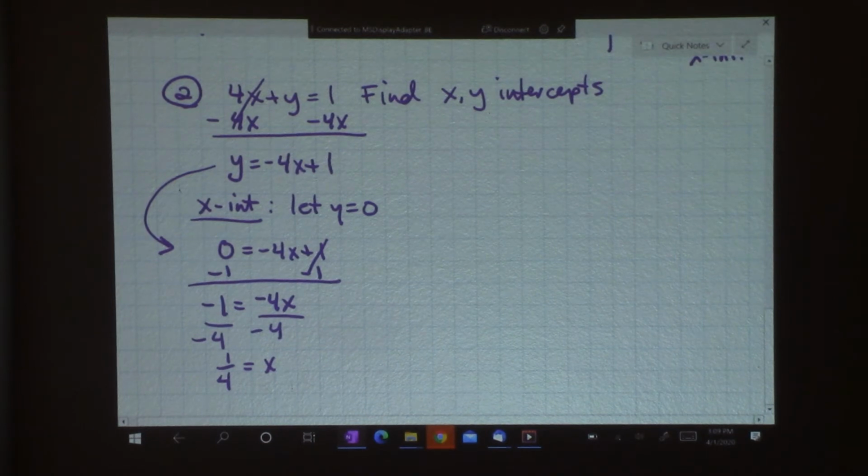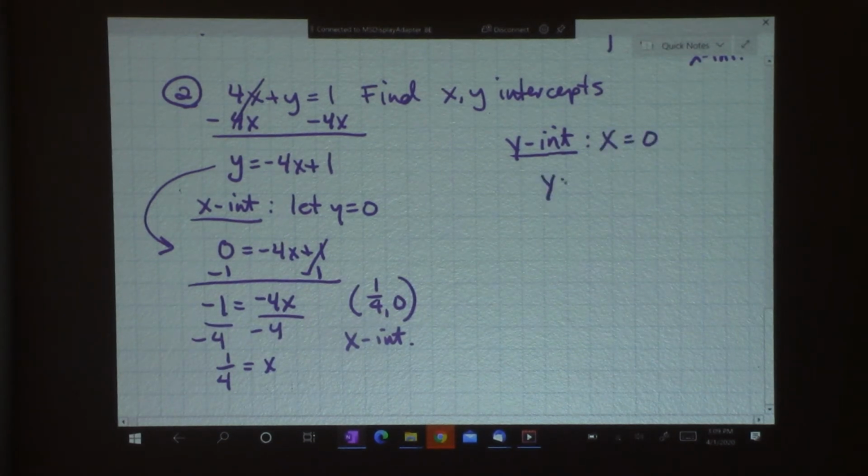Okay, so I can have a fraction. That's all right. Sometimes the line doesn't cross the x-axis exactly on a whole number. All right, I can have an x-intercept with a fraction. Okay, so now for my y-intercept, this is where x equals 0.